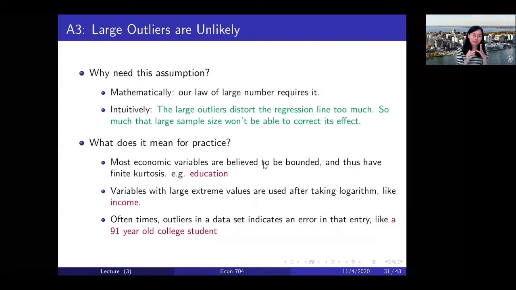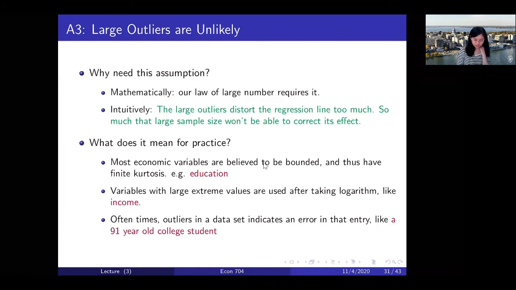And you will see that we are going to apply the law of large number on, actually not on u or on x, but on x times u. If we want the variance of that to be finite, you need the fourth moment of x and fourth moment of u to be finite. Okay, so that's a mathematical reason that we need the finite kurtosis assumption.